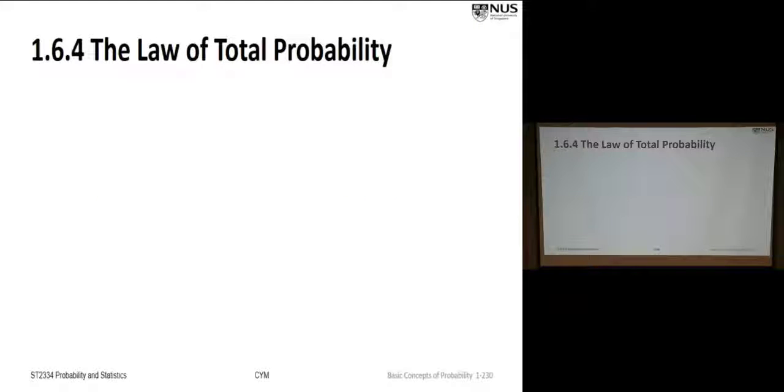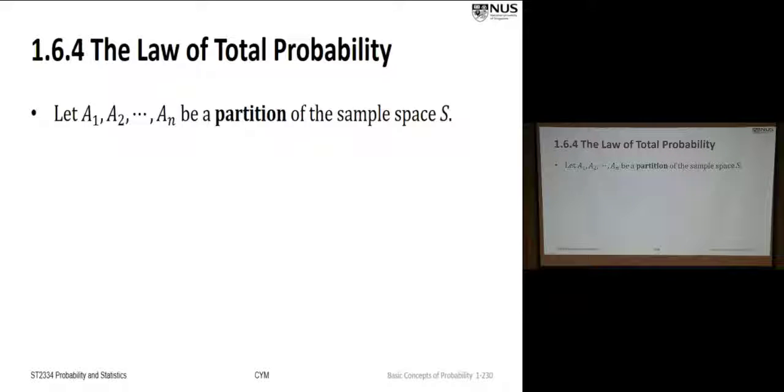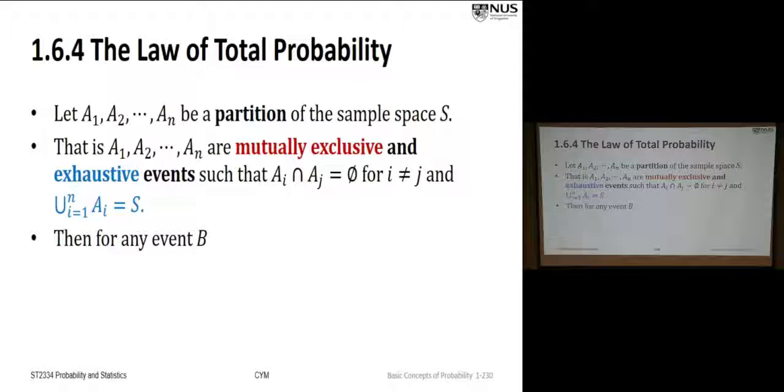All right, okay. Law of total probabilities. The name is very, very high sounding, total probabilities. But what it says is very straightforward. It's simply saying that I partition the sample space into many mutually exclusive and exhaustive events. What does that mean?